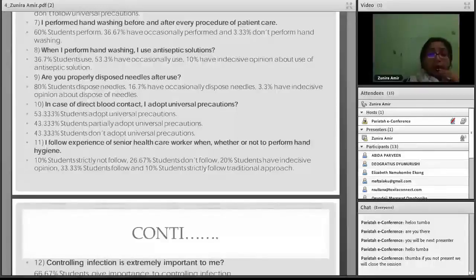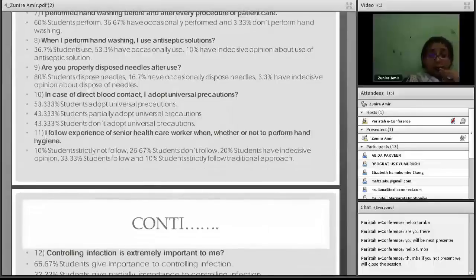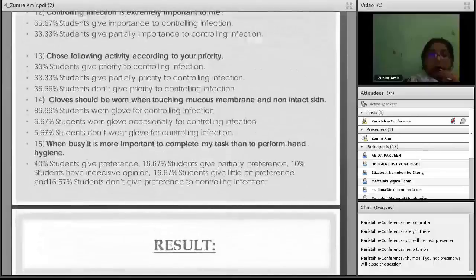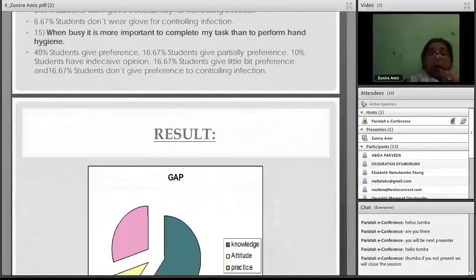In the case of direct blood contact, we asked whether they adopt precautions or not. 13.33% of students universally adopt them, 43.33% partially, and 43.3% do not adopt them. These are all the statistics of the results that we have to share with you.